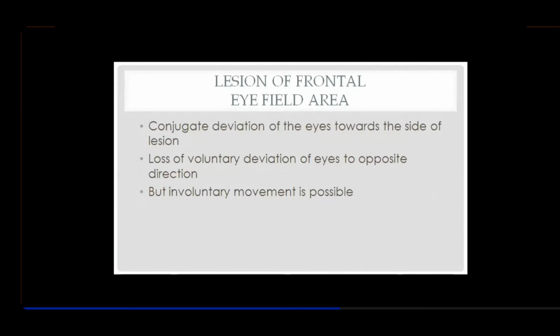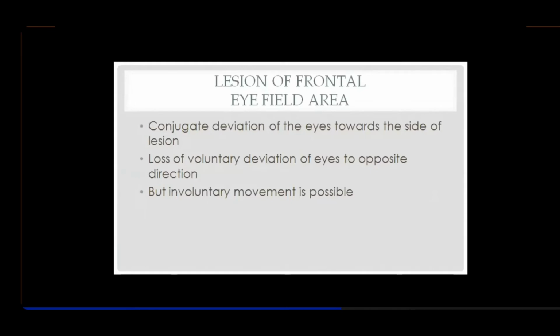Because the other side's frontal eye field would be normal, there will be unopposed action, right? So if there is a lesion on the right side, the two eyes will move towards the right side, to the paralyzed side, because of the unopposed action of the left side. Then you have loss of voluntary deviation of the eyes to the opposite side.